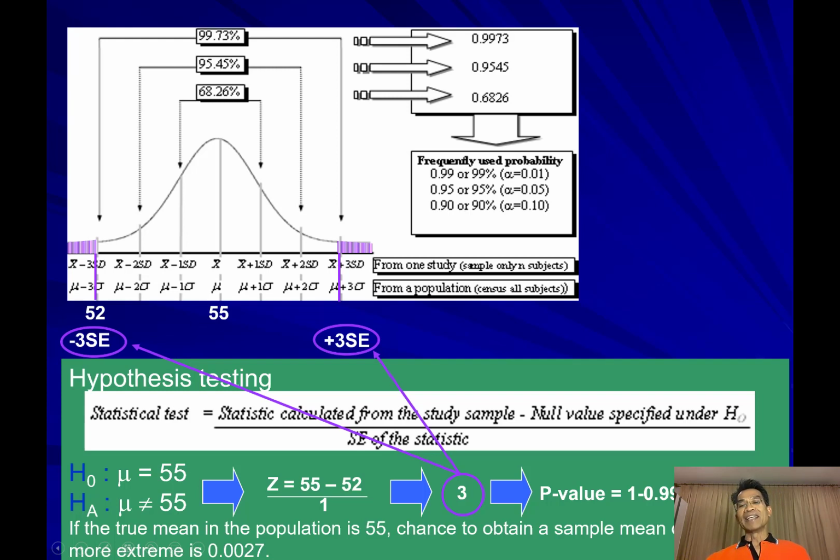We say it's significant and turn this sentence into: the mean weight is significantly different from 55. That's shorter. But it's really, really misleading to be a lot different.